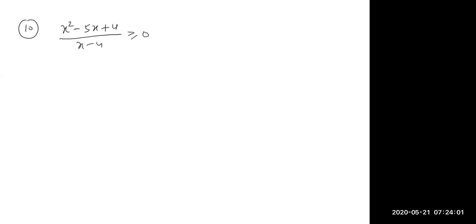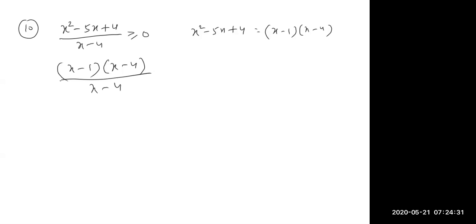So here the numerator is x square minus 5x plus 4. That I can write as x minus 1 into x minus 4, its roots are 1 and 4. So this is x minus 1 into x minus 4 upon x minus 4 greater than 0.